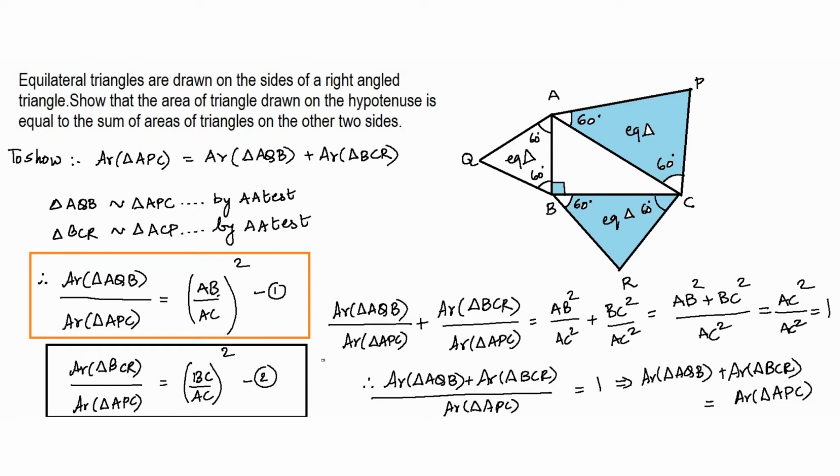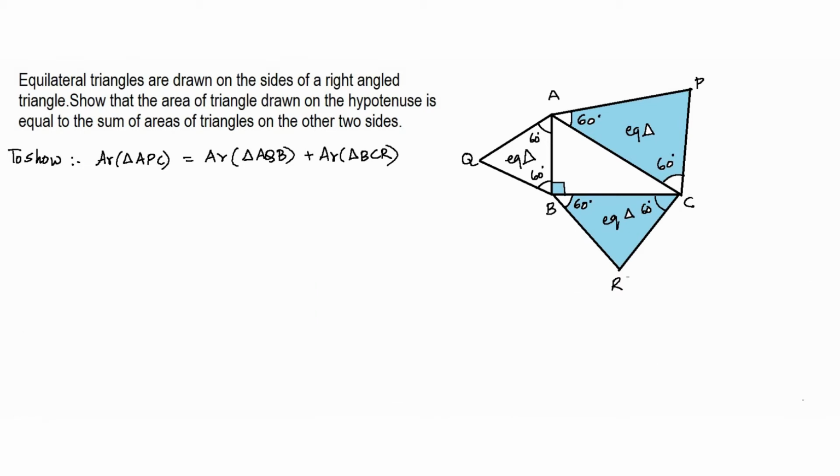So now I can solve the same problem using the formula for area of an equilateral triangle. Let us assume that the sides are A, B and C. So the area of triangle AQB, because AQB is an equilateral triangle and the side of AQB is A, the area of AQB is given by √3/4 times the side square.